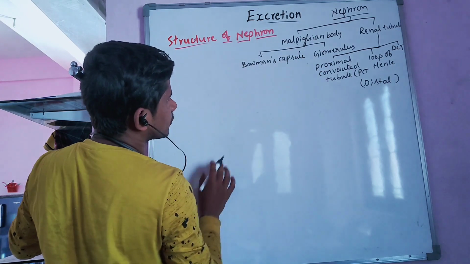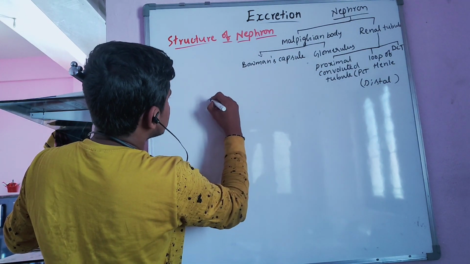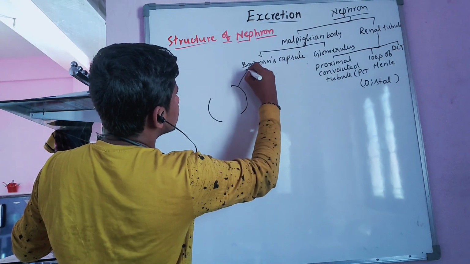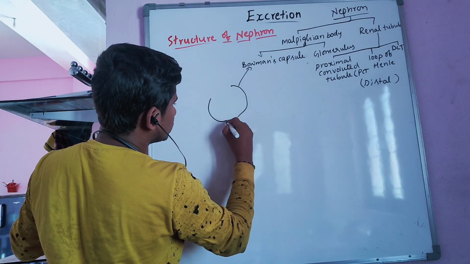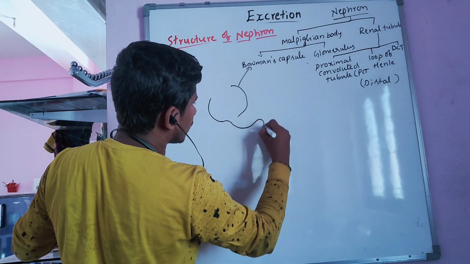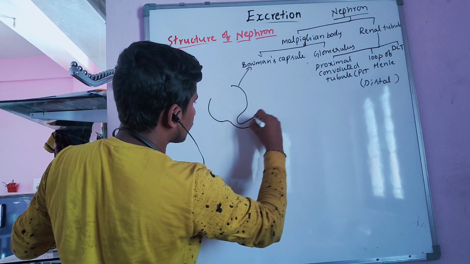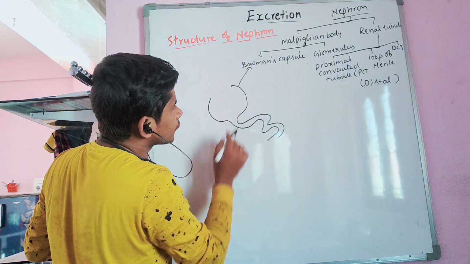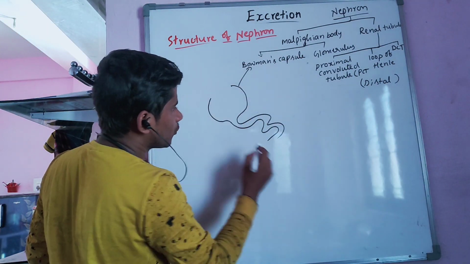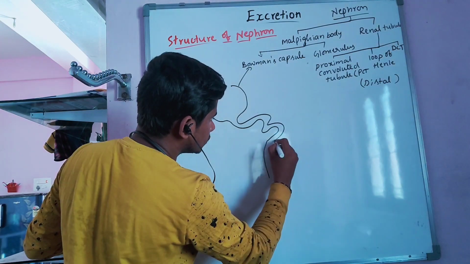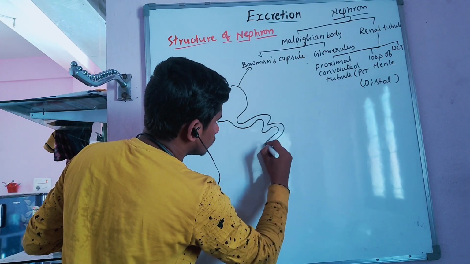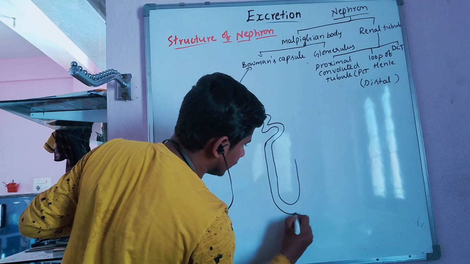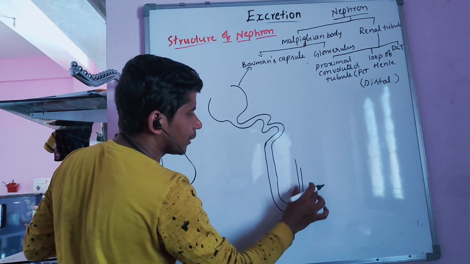The first part, Malpighian body, we can call that. See here, it consists of a cup-shaped structure called Bowman's capsule. This Bowman's capsule is joined to the tubular part, that is called the PCT. At one end it is attached to the Bowman's capsule, and at the lower end it develops to form a U-shaped structure called loop of Henle, which has two limbs, the descending limb and ascending limb.